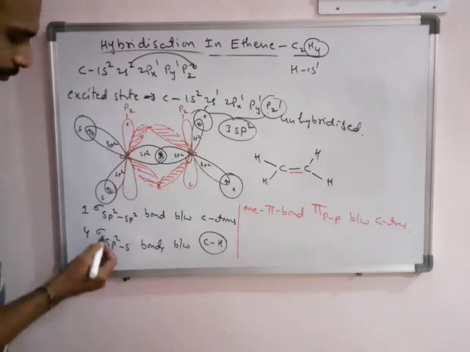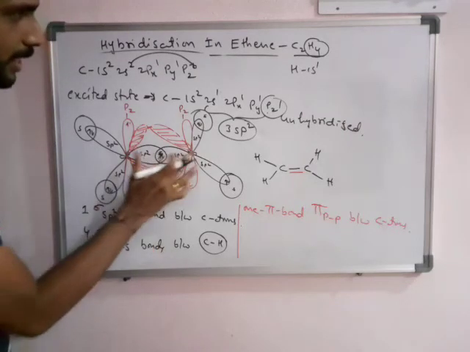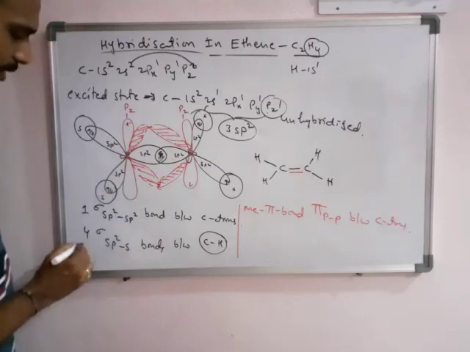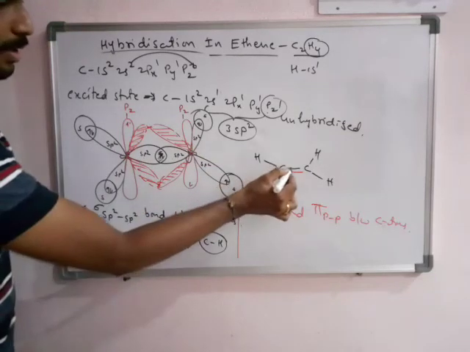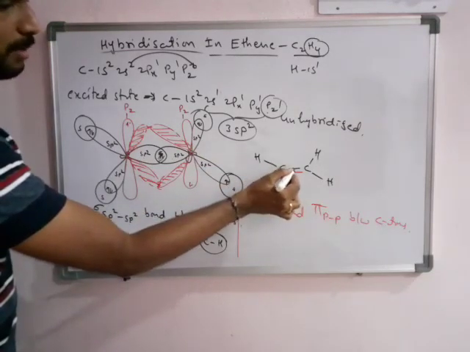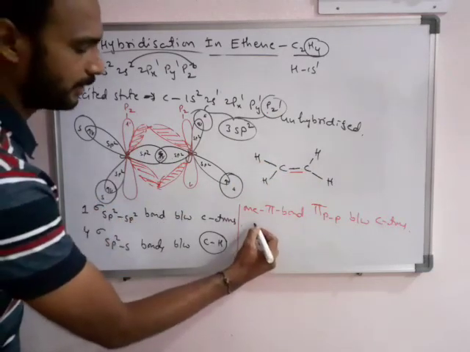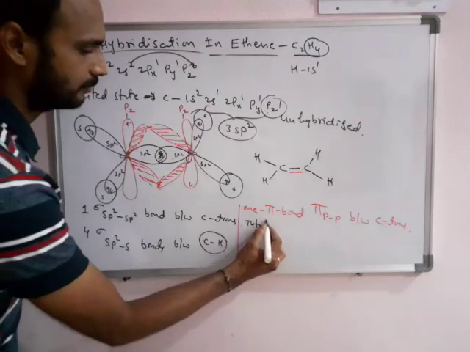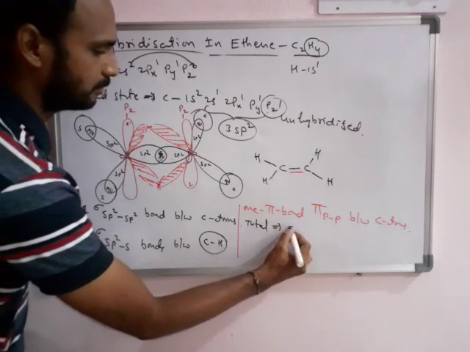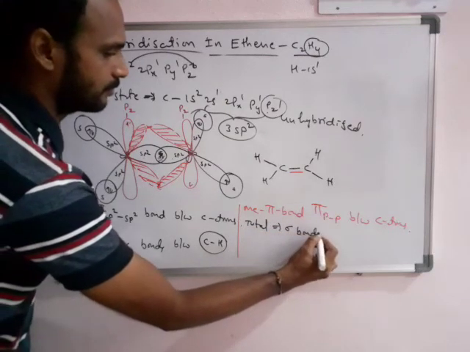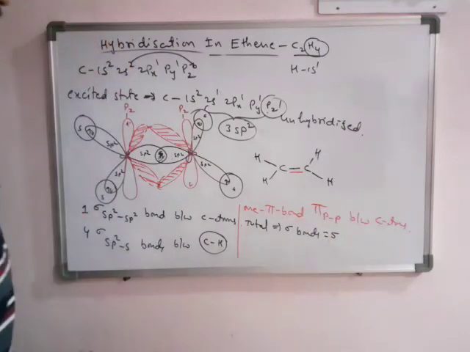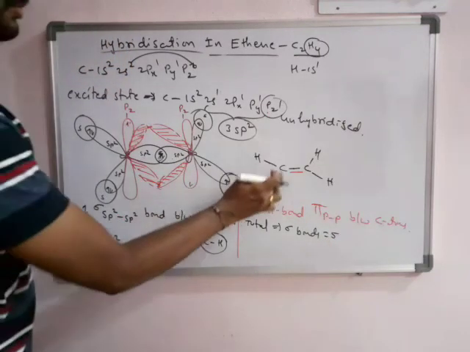So totally, in C2H4, in ethene, how many sigma bonds are there? One sigma bond between two carbon atoms, 4 sigma bonds between carbon and hydrogen atoms. Total sigma bonds equal 5. Okay, 1, 2, 3, 4, 5.